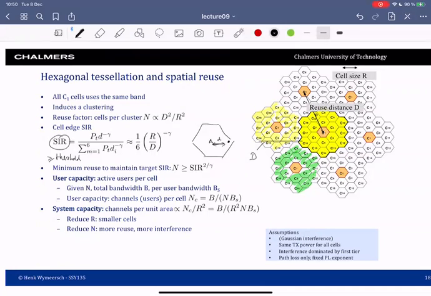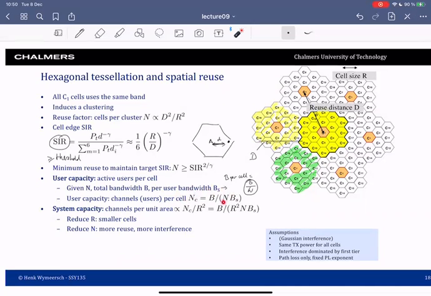So the bandwidth per cell is equal to the total bandwidth over the number of cells in one cluster. That's the bandwidth we have available in one cell. And then we allocate a fraction of that, B_s, to each user. So the number of users per cell that we can support is the bandwidth per cell over the bandwidth per user, and this gives us some number. We cannot support more users because we don't have enough bandwidth available in that cell.